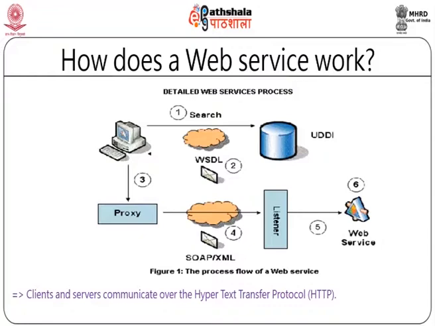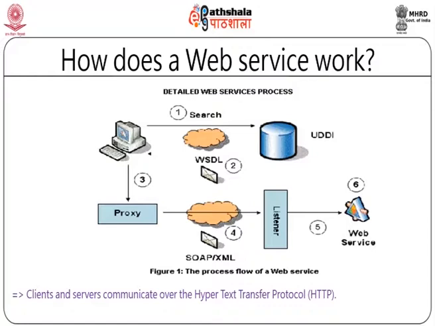Once the UDDI has given the appropriate response about the web service, it sends a WSDL file, that is number 2, from the UDDI back to the client. Once it gets the WSDL of the particular web service, through a proxy server, it sends a request to the listener. The request sent from the client to the appropriate service owner is called a SOAP message.